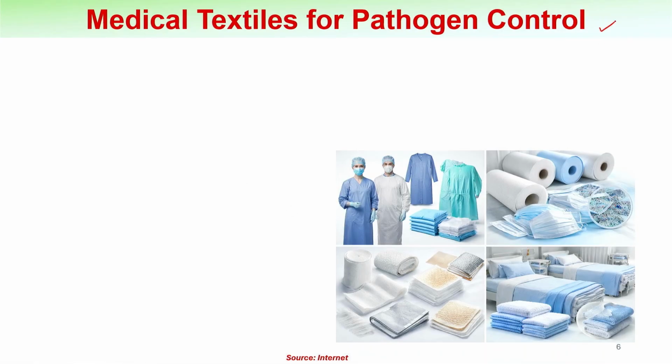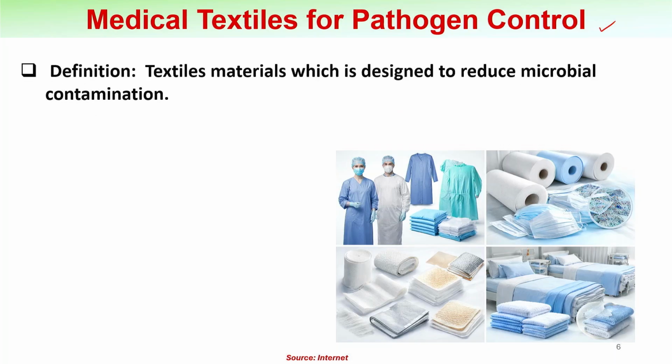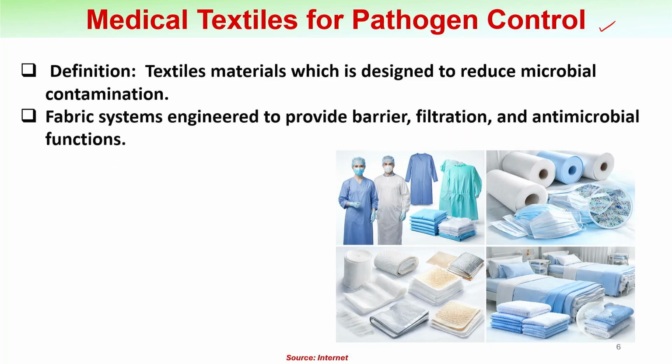So, for medical textiles for pathogen control, there are different types of medical textiles available. The definition is textile materials designed to reduce microbial contamination. The fabric system is engineered to provide barrier, filtration and antimicrobial functions.